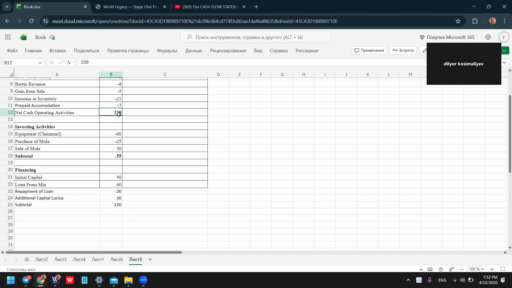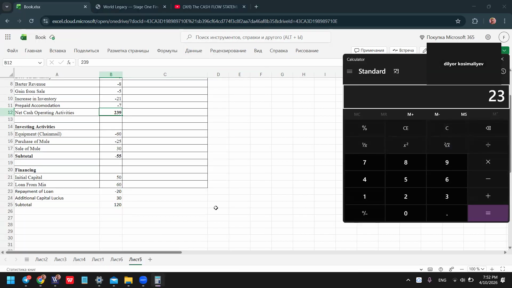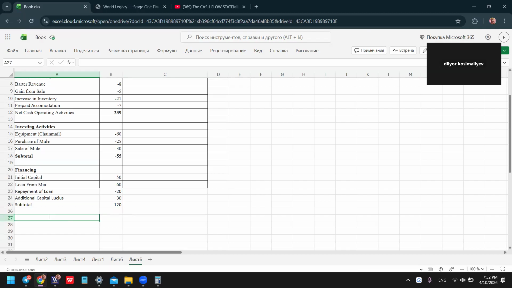We add to this one this. Where is my calculator? 239 minus 55 plus 120. So this is the balance that we get.